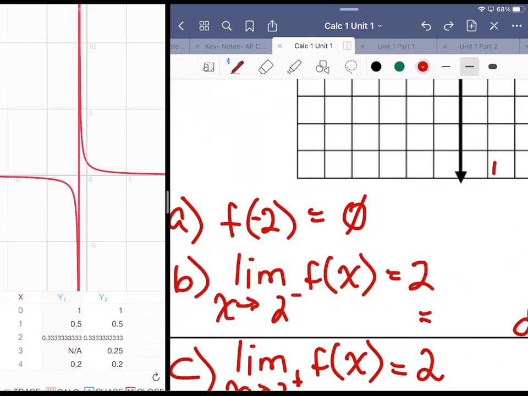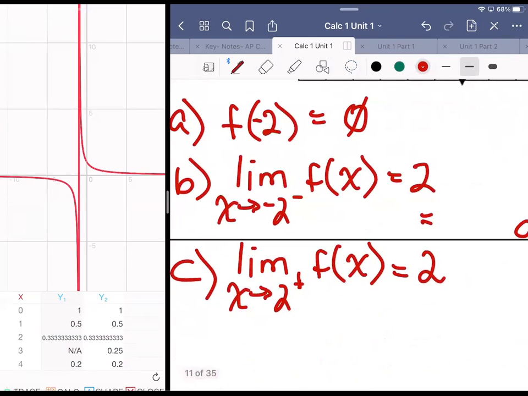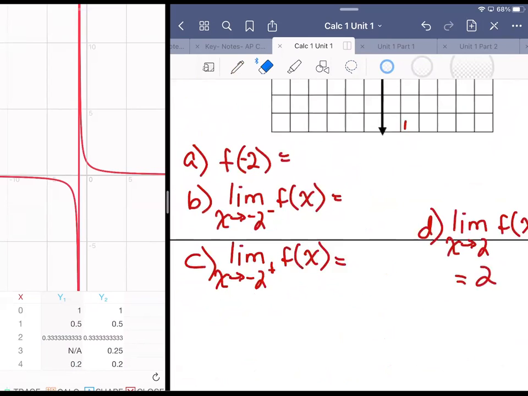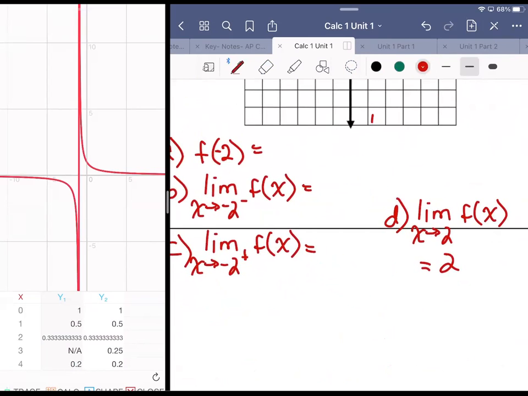Oops, a stray mark. All right, so we're approaching -2 now.